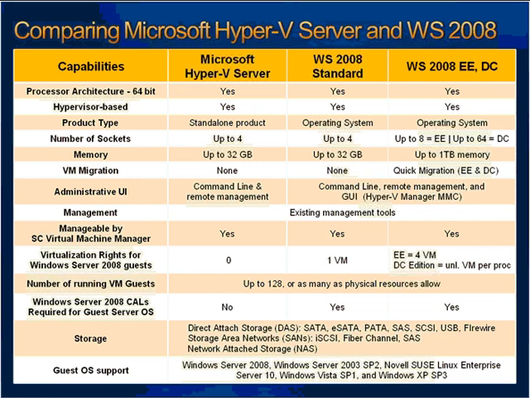It doesn't offer a graphical administrative UI. It's command line only. It requires management to be provided remotely. It has the same number of running VM guests, up to 128, as the other editions, but it doesn't come with any built-in Windows Server licenses.